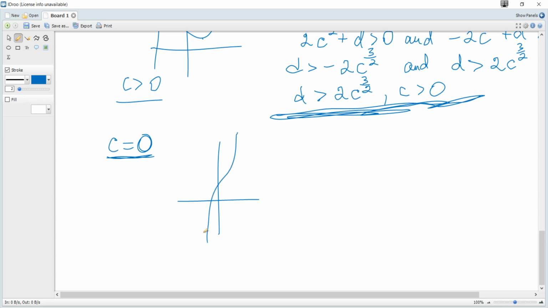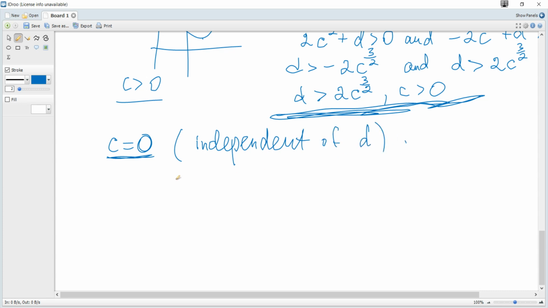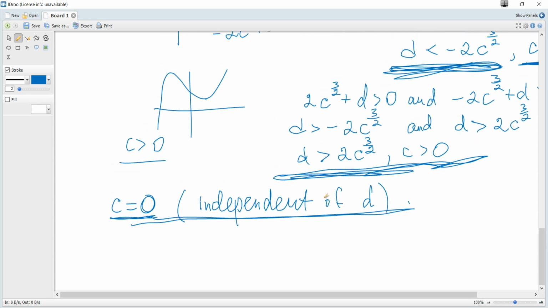So anyway, it has only one x-intercept as required, and it's independent of d. So when c is 0, it's independent of d. It has one x-intercept as required, so it's also a solution, the required condition.